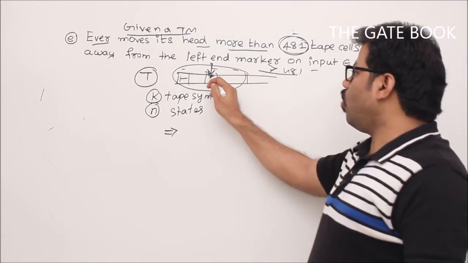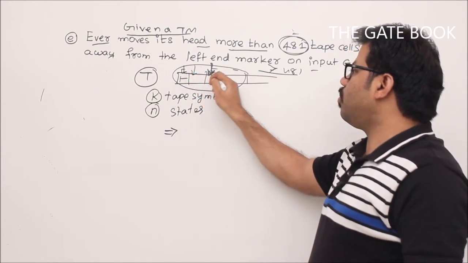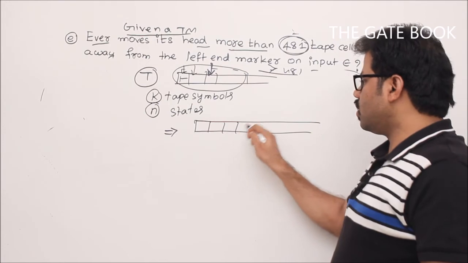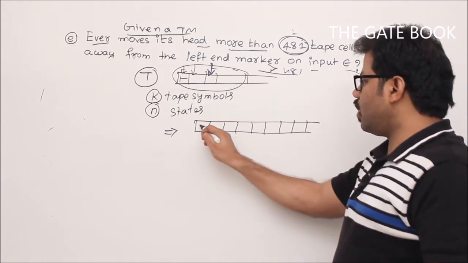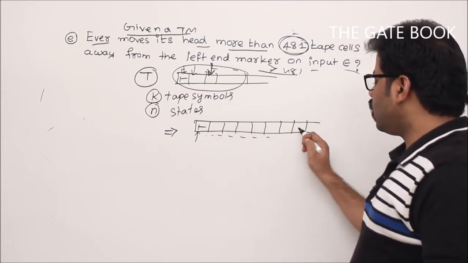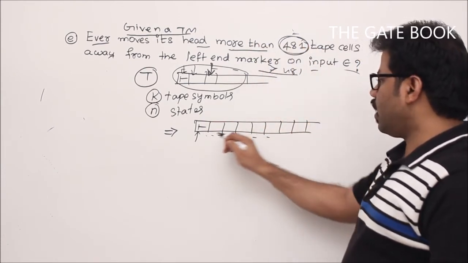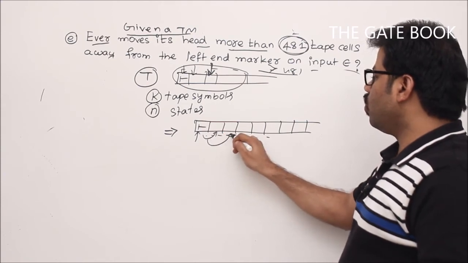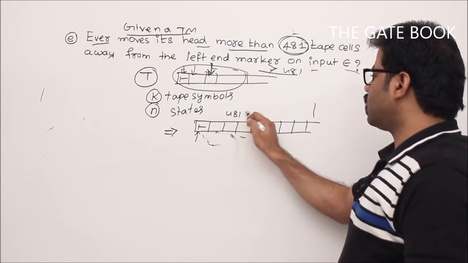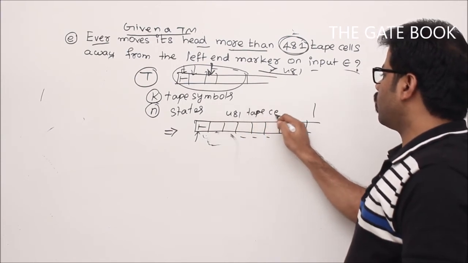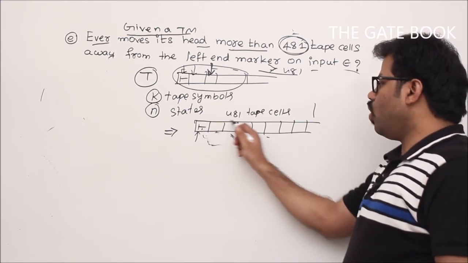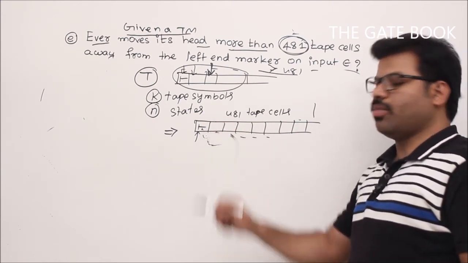So first of all, we'll see how many different positions the head can point to. This is the left hand marker. So from here, your tape head should not go more than 481 tape cells, correct? It cannot go more than 481. Let's say these are all 481 tape cells, other than this one. So your Turing machine can go up to 481 tape cells other than the left hand marker.